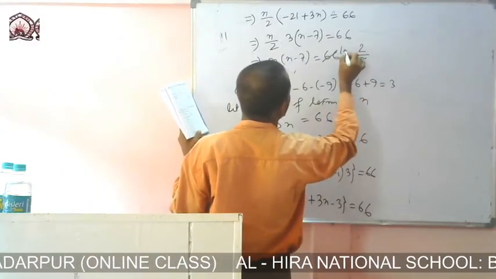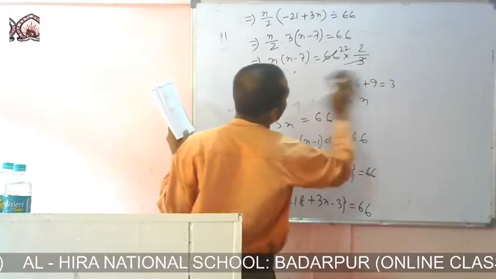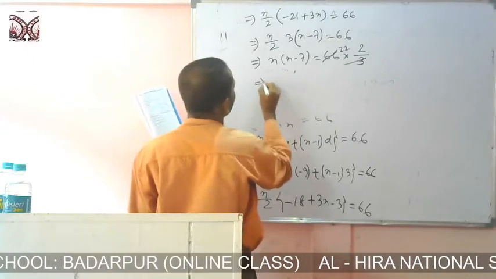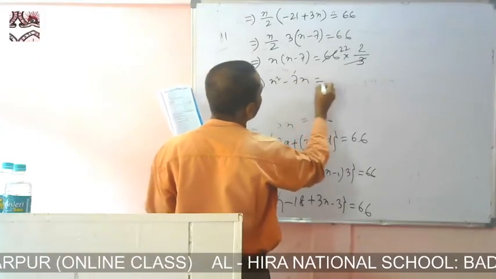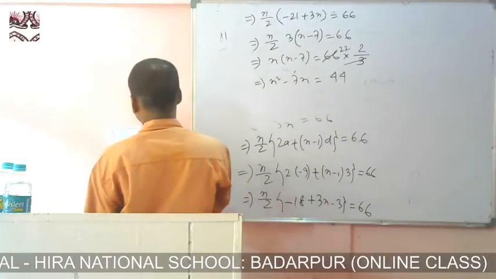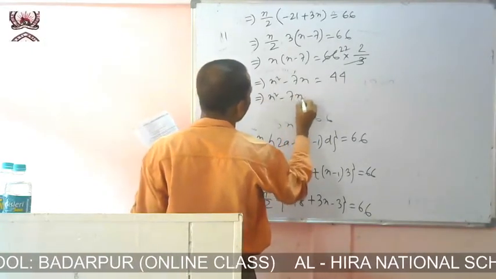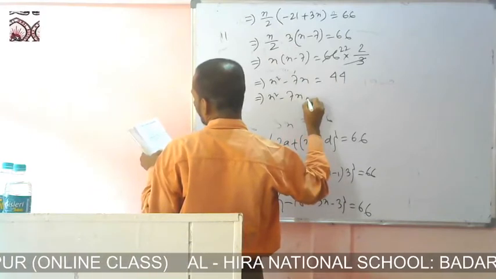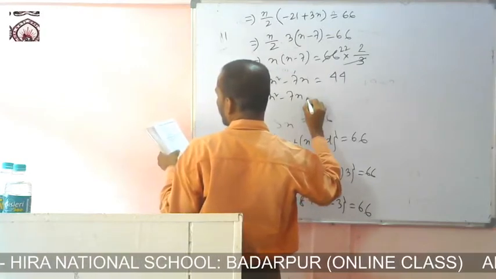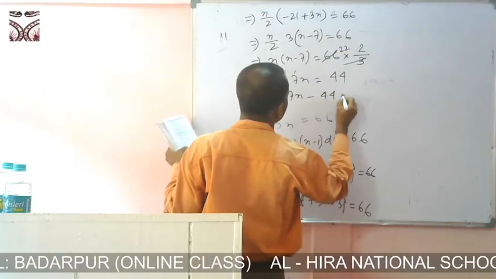Then 3 into 66 by 2... here will be n square minus 7n is 44. Then n square minus 7n minus 44 is equal to 0.